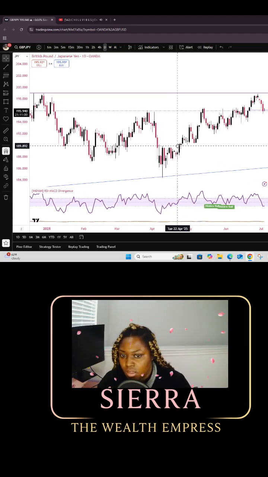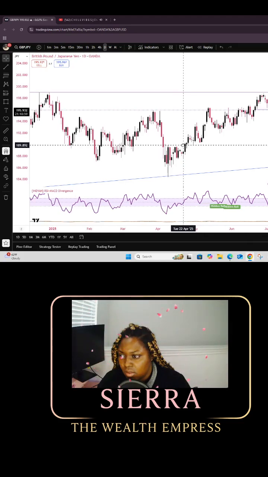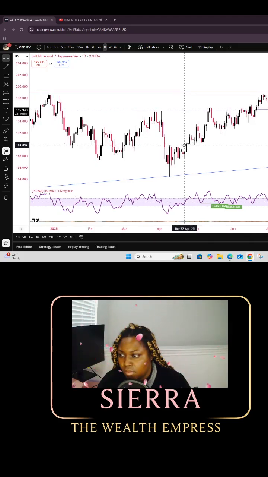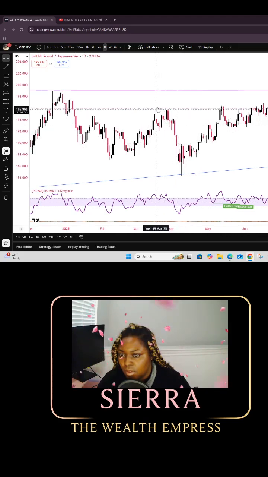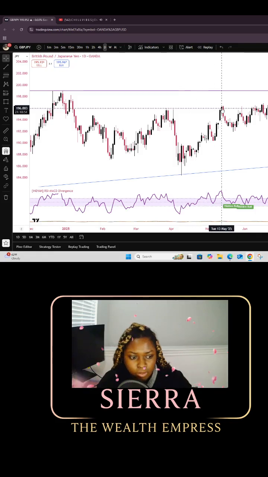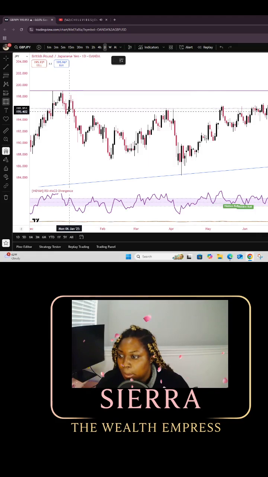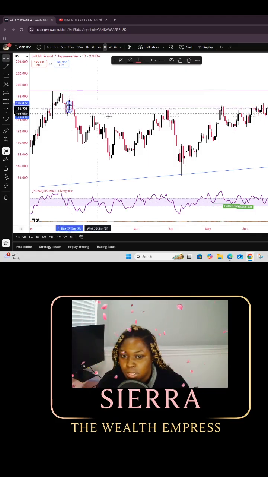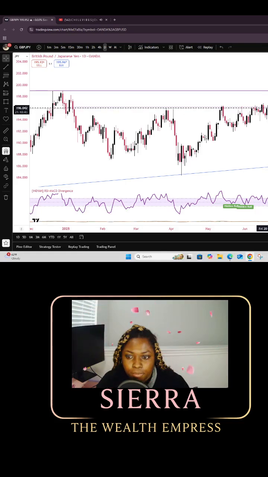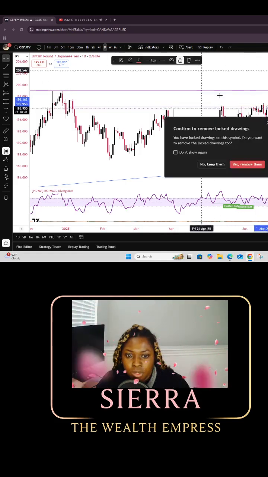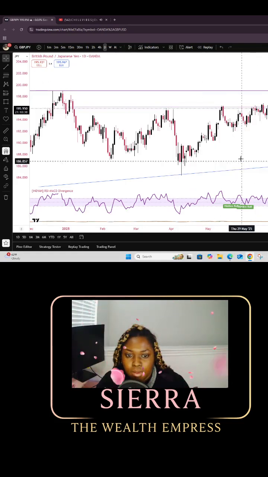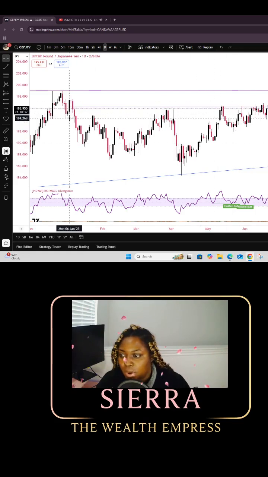And then of course I see some resistance here, but I want to see about this price balance range here. Okay, let me delete that gap. All right, so I see a price balance range here.